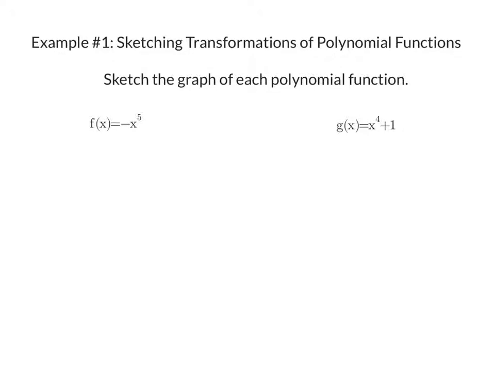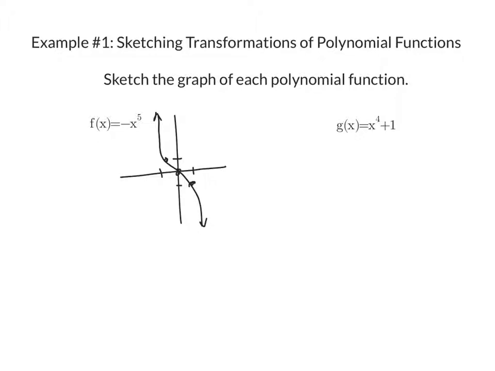So anyways, if we typed in negative x to the fifth into our calculator, what we will notice is that we get a function that looks kind of similar to a cubic function, except it's negative, okay? And it goes through (0, 0). It also goes through the point (-1, 1), and it also goes through the point (1, -1).